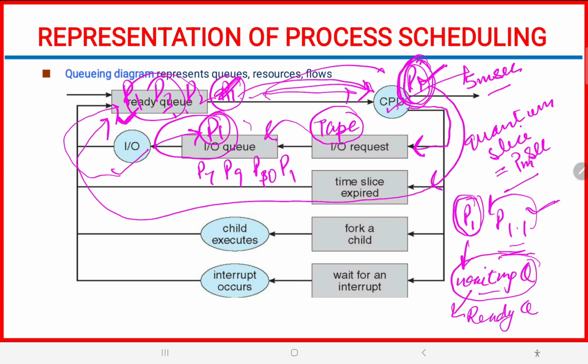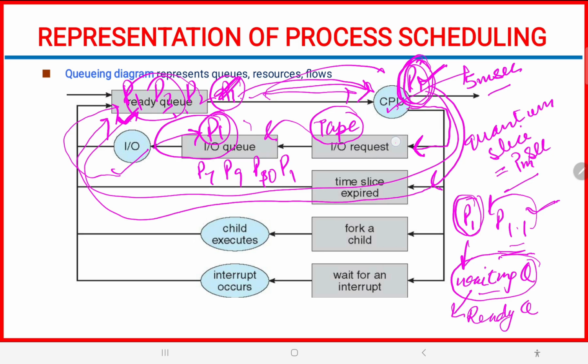So in that case also P1 shifts or migrates from the CPU's running state onto the waiting queue, and it again waits over there till its turn comes and it can complete its remaining execution.